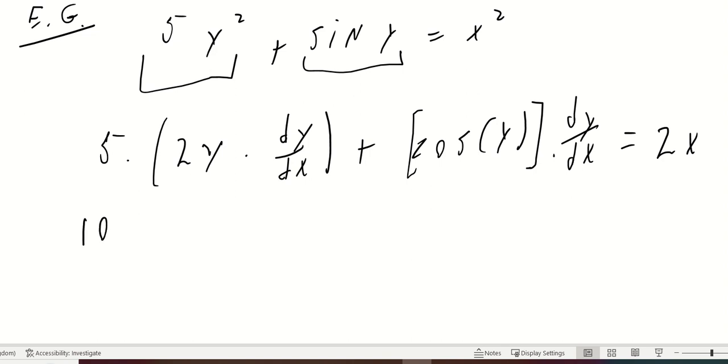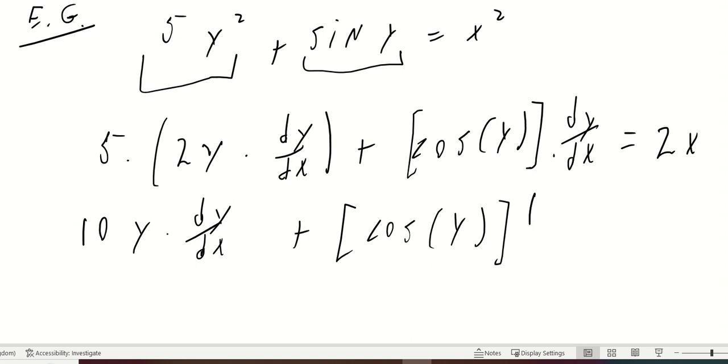This would be equal to 10 times y dy/dx, plus cosine y dy/dx, equals 2x. Now we can just take dy/dx out.